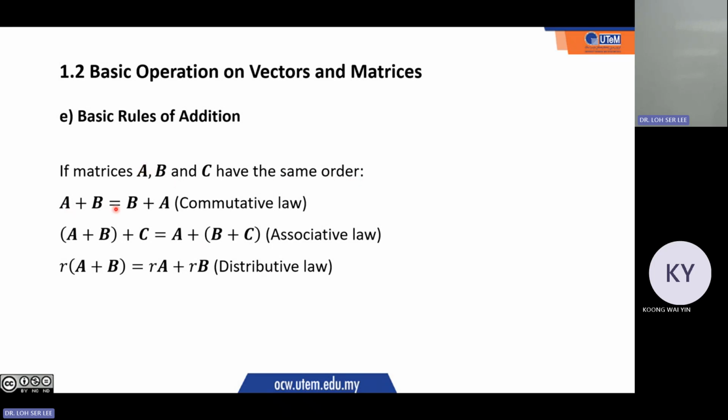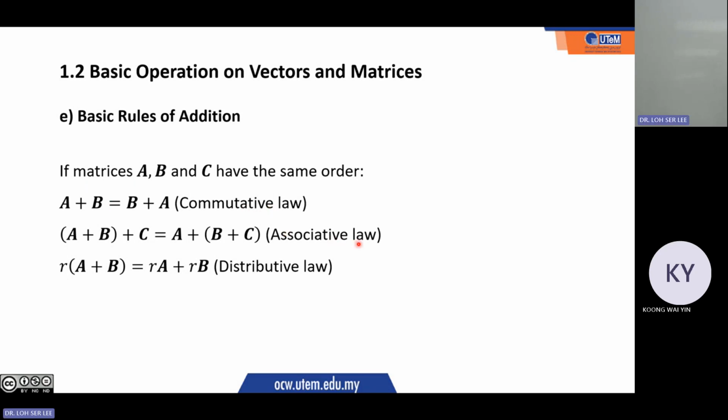So A plus B must equal B plus A, because this is the addition of the matrices. When we swap the order and it's still the same, that means it satisfies the commutative law.